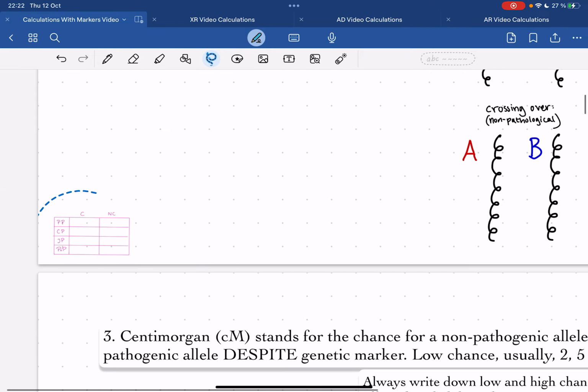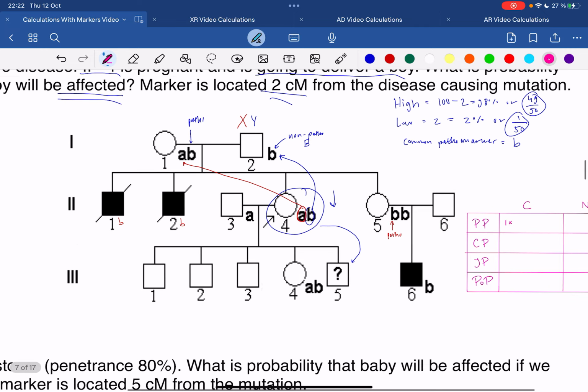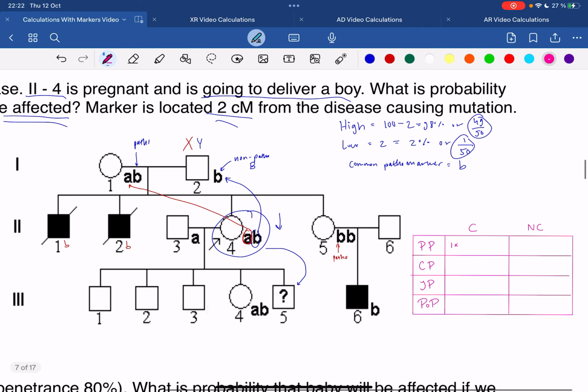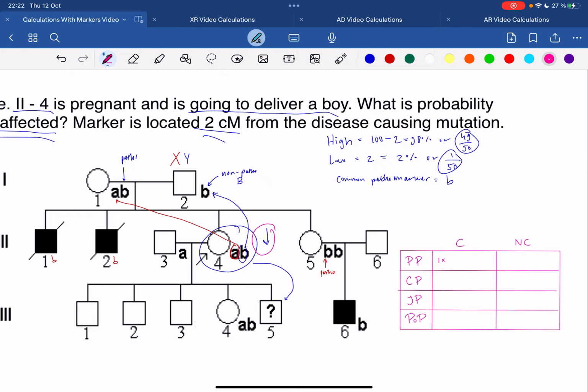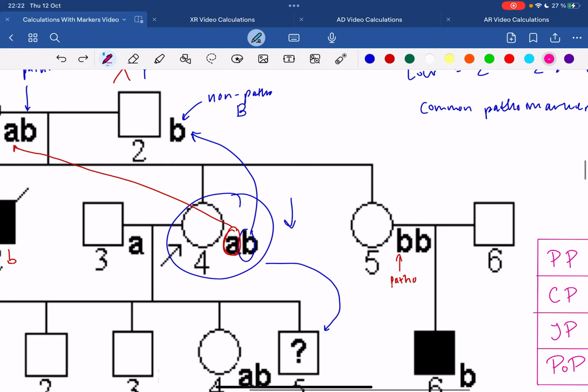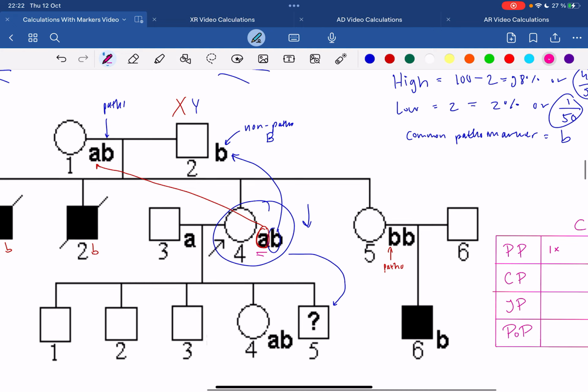Perfect. So her prior probability is going to be the probability for her parent to be a carrier, which is 100%. Why? Because she has unhealthy sons. So 1 times the probability of either a high or low risk. For her, it's a low risk because she's not carrying the marker that marks for the pathological allele, because she's carrying the A from her mom.